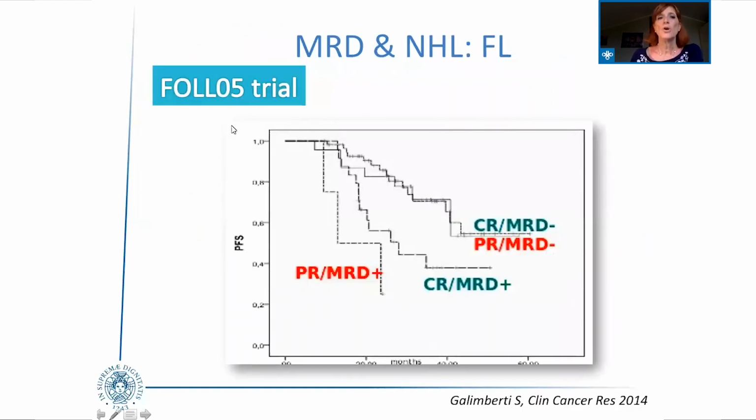This is the FOLLOW-5 trial that included more than 800 follicular lymphoma patients, where our lab, our group, demonstrated that patients with an unsatisfying response, partial response, but MRD negative when we used quantitative PCR for BCL2 JH rearrangement, showed the same progression-free survival as patients in complete hematological response.